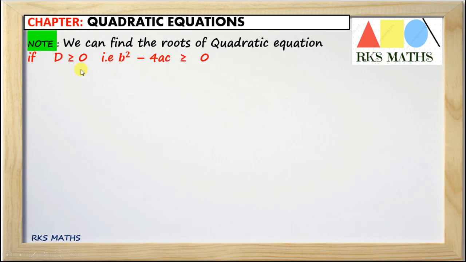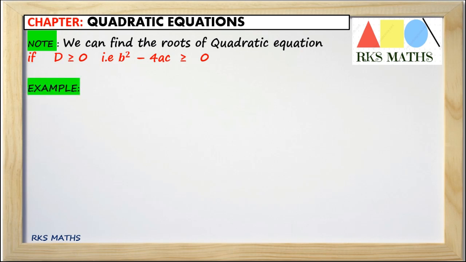We can only find the roots if D comes out greater than 0 or equal to 0. If the value of D comes out less than 0, then there will be no real roots.